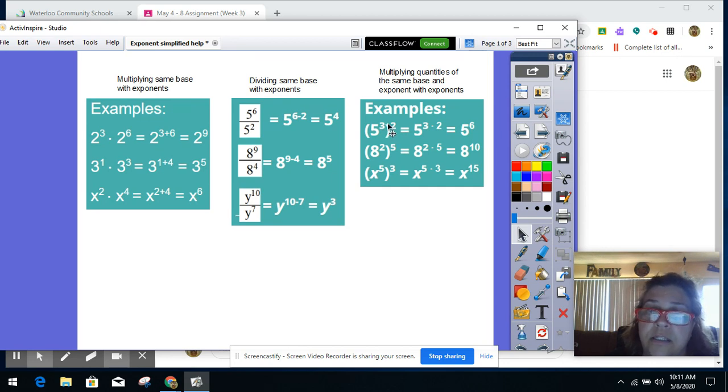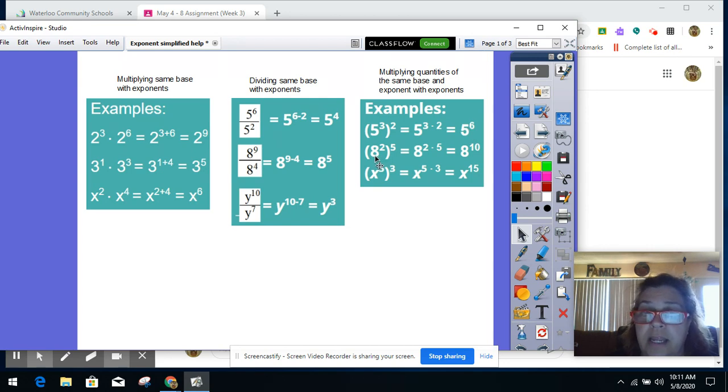So in this case, we are multiplying 5 to the power of 3 two times. So we simply take the exponents, 3 and 2, and we multiply them. So then it becomes 5 to the power of 3 times 2, which is 6. 5 to the power of 6.